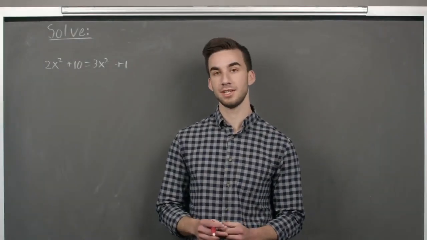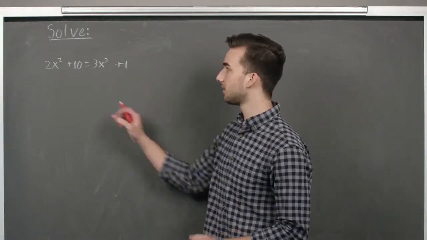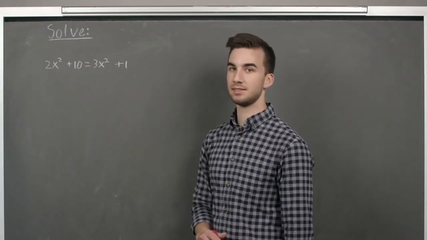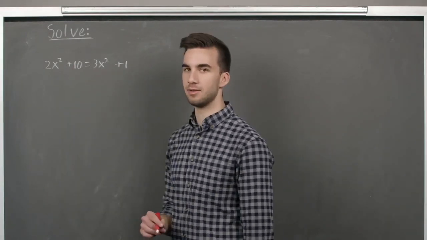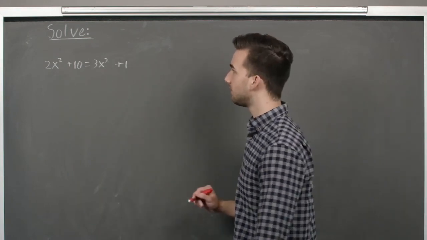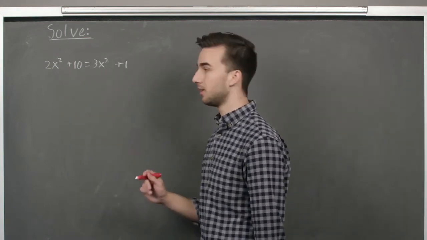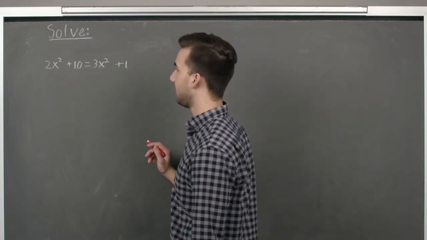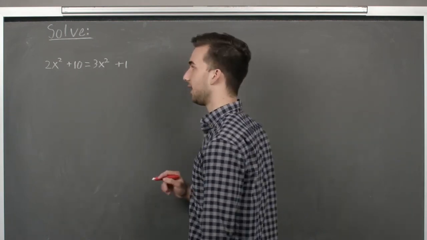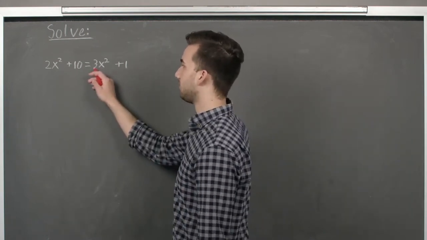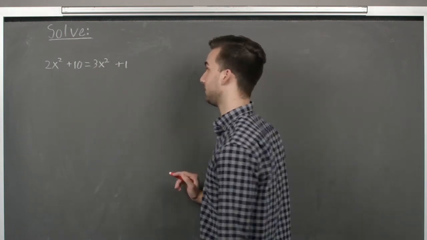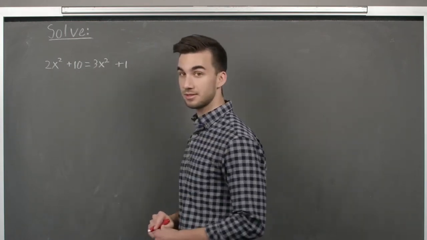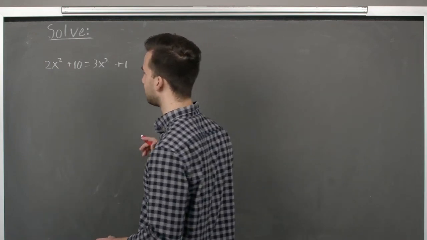Whenever we are solving an equation that has a variable squared, that is known as a quadratic equation. And how we're going to solve this one is we're just going to group like terms, and then solve for x by dividing by whatever factor of x is left over and then taking the square root of x. But first, let's do our first step and group like terms.